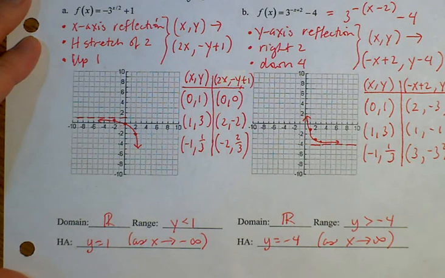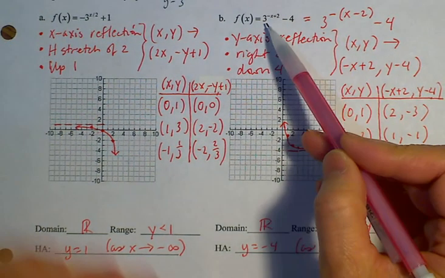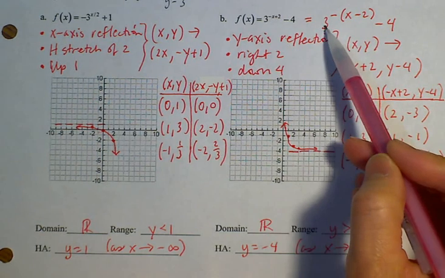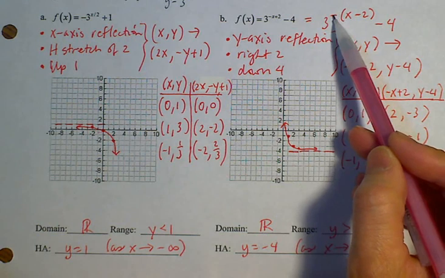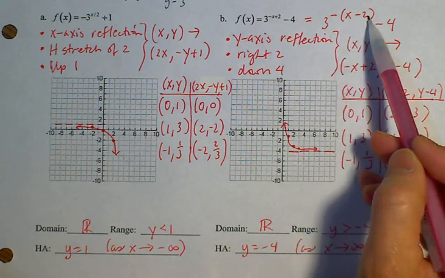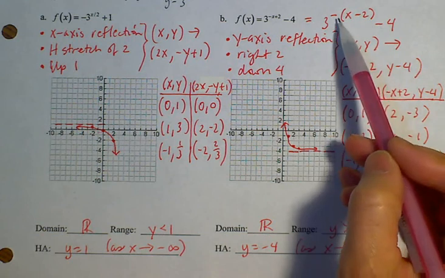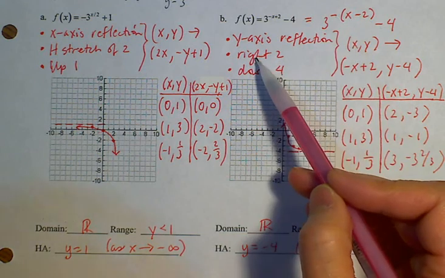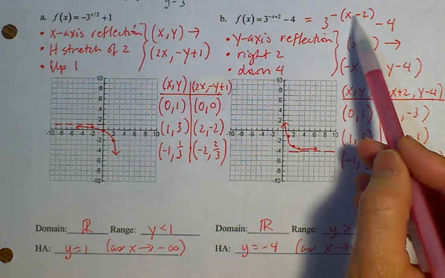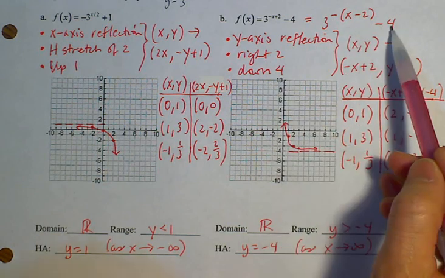Okay, let's try another problem. For this one, I'm going to rewrite it as 3 raised to the power, and I'm going to factor out a negative, so it'll be a negative quantity x minus 2, and then minus 4. First of all, you have a y-axis reflection, which comes from the negative in the power. Then it goes right 2, which is this part right here, and then down 4, so it's minus 4.